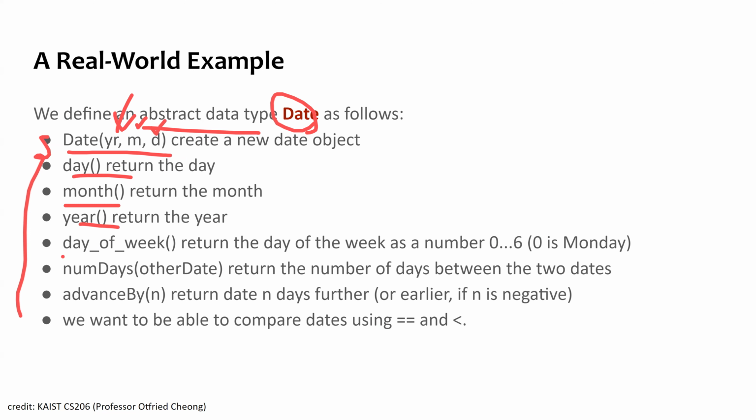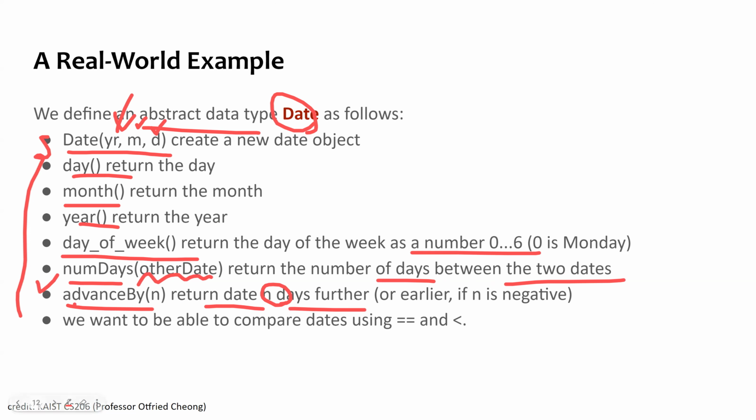And it also returns the day of week as a number. Here we're defining the input and output, and even the output format. And num days receives other dates and returns the number of days between the two dates. And this advanced by method returns date and days further of this current date. And we also want to be able to compare dates using equal or this comparison method, comparison operator.